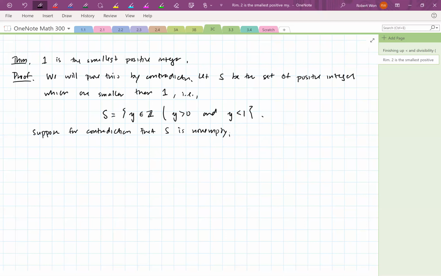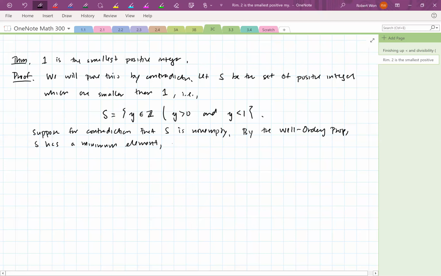Okay, now since this is a set of positive integers, by the well-ordering property, by axiom 14, S has a minimum element. Let's call it X. So I'm following this technique of proof by infinite descent. Well, since X is in S, we know that 0 is less than X is less than 1 because it's a positive integer that's smaller than 1.